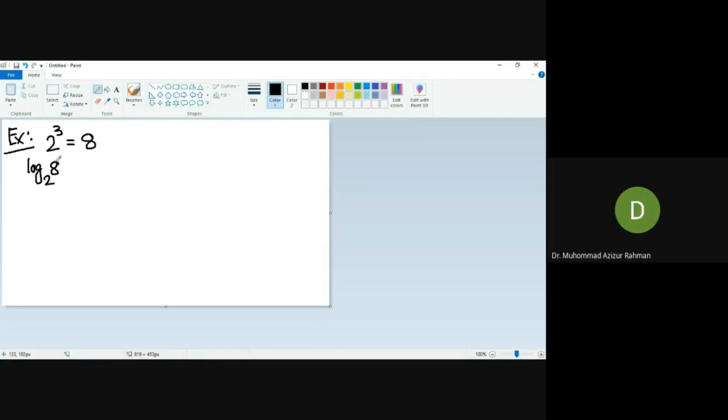Okay. So basically the base is 2, so 2 to the power something.